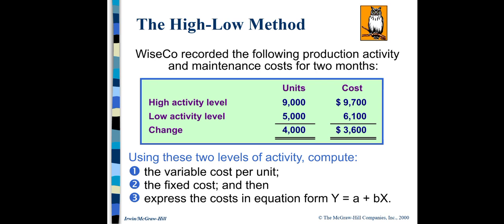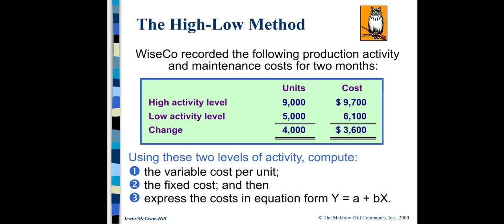For example, here, West Company recorded the following production activity and maintenance cost for 2 months. There are 2 levels, the highest activity level and the lowest activity level.